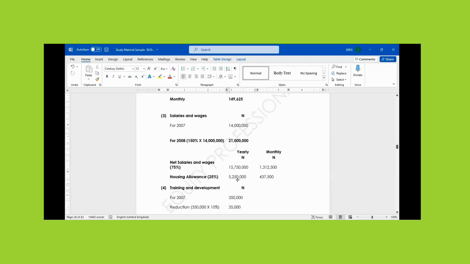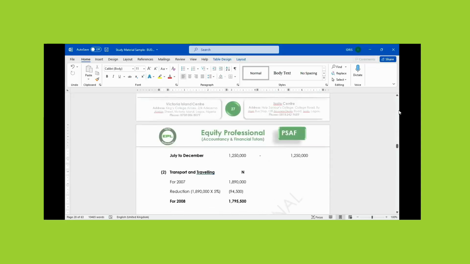While housing allowance is what? 25%. That is yearly. To get the monthly income, divide by 12. Every month, net salaries and wages is 1,312,500. Housing is 437,500. So just go to your solution under the outflow and write.